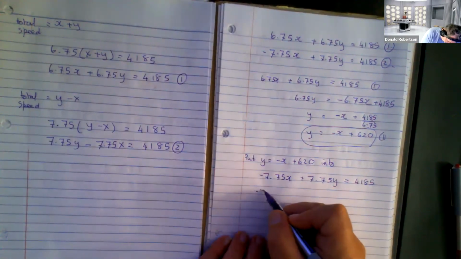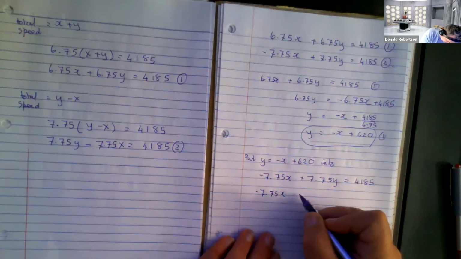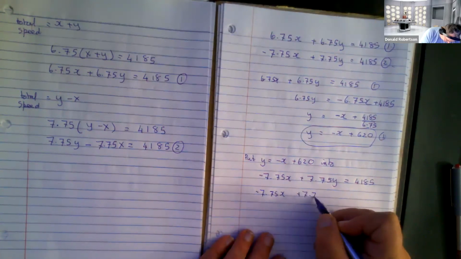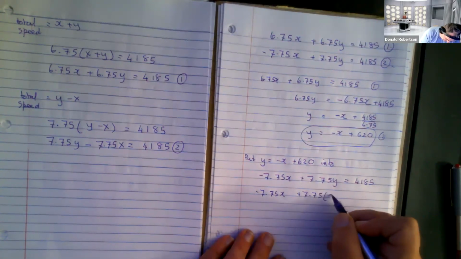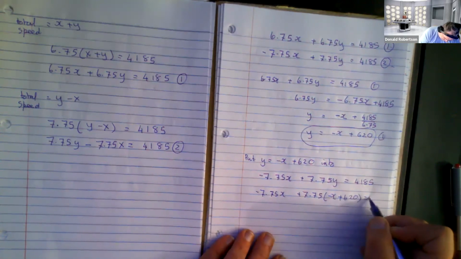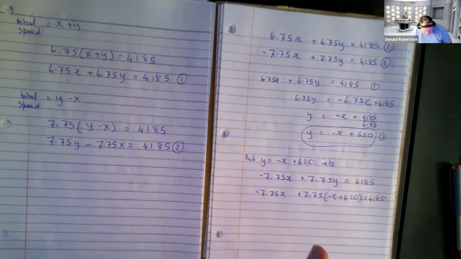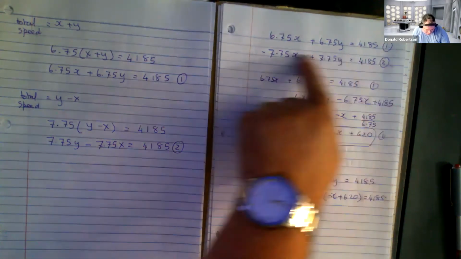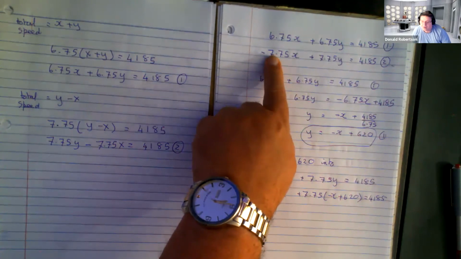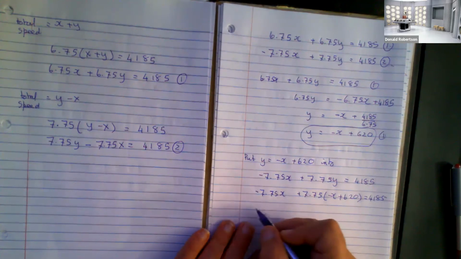And I'm going to do that guy plus 7.75 times negative x plus 620 equals 4185. The alternate would have been to actually take this equation and make it y equals, and that would have worked as well, but that would have taken a lot longer. So I'm trying to do something a little bit quicker.